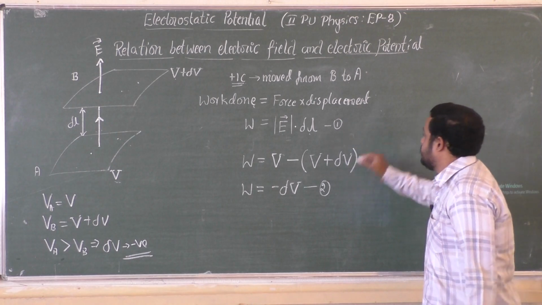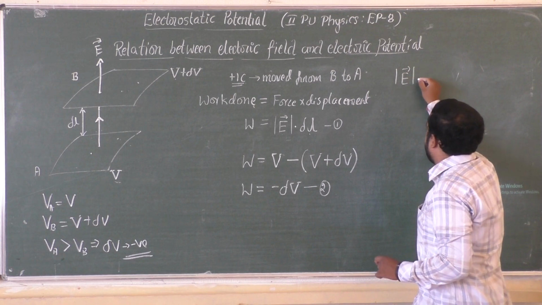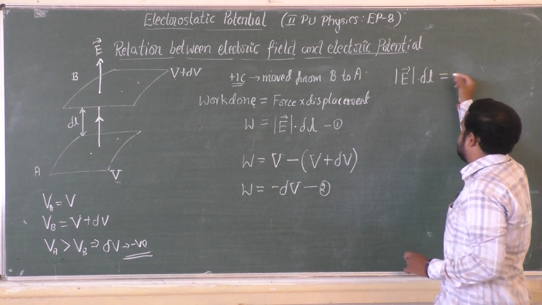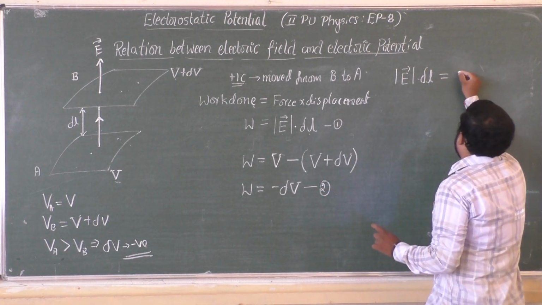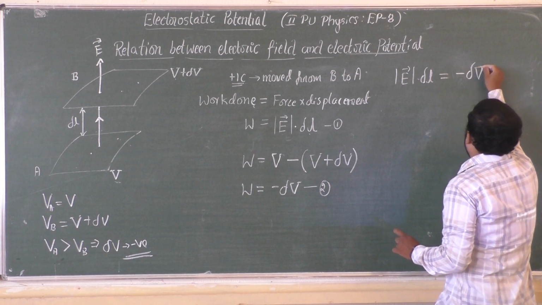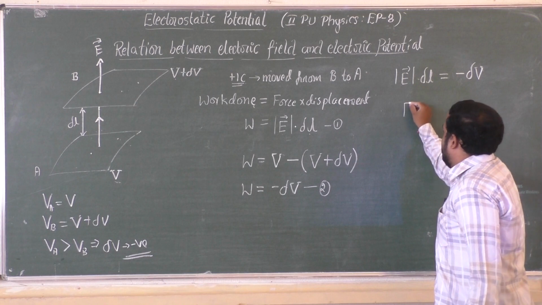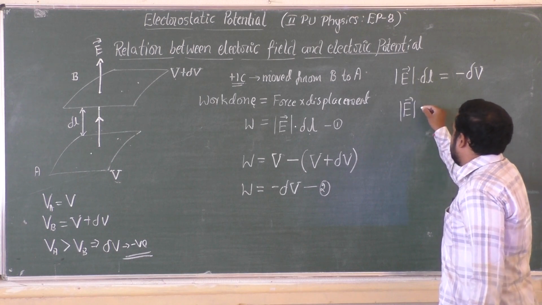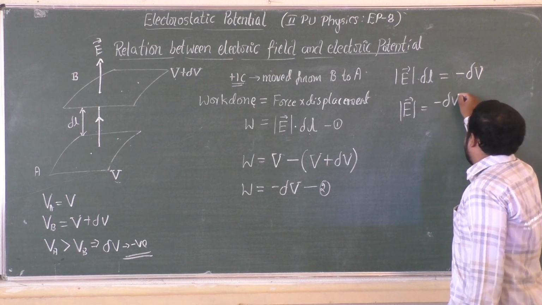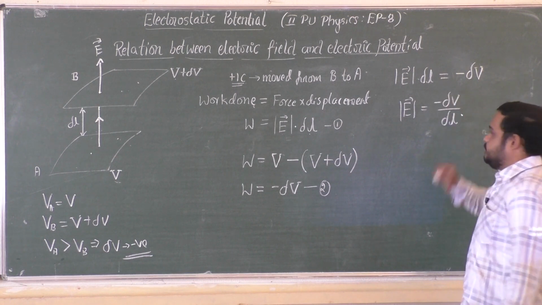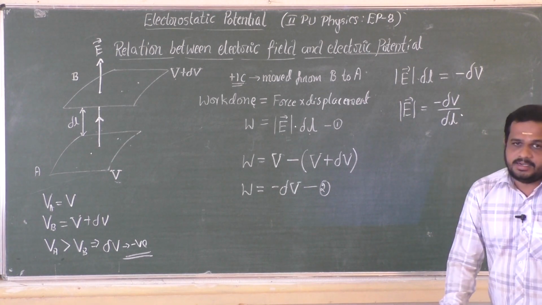Now from equation 1 and equation 2, we can write the magnitude of electric field into separation between the equipotential surfaces: E into delta L is equal to minus delta V. Or the magnitude of electric field is equal to minus of delta V divided by delta L.